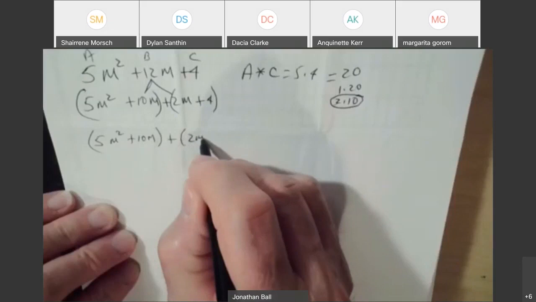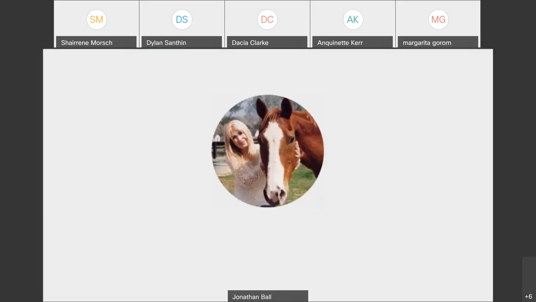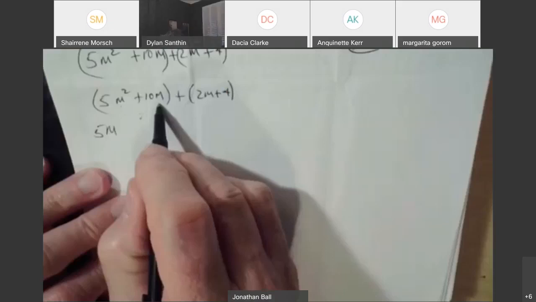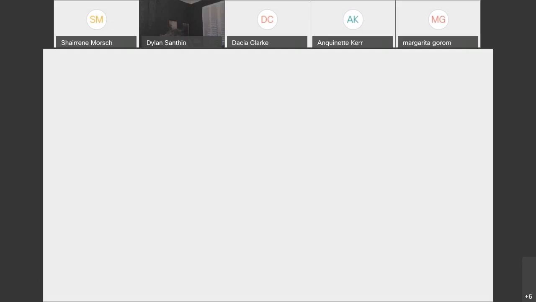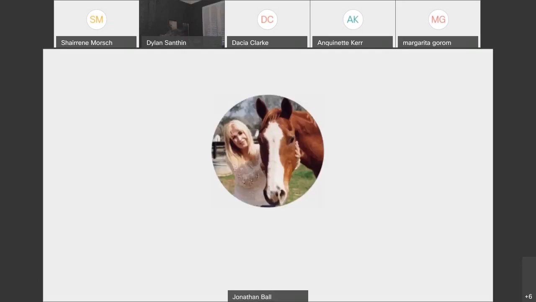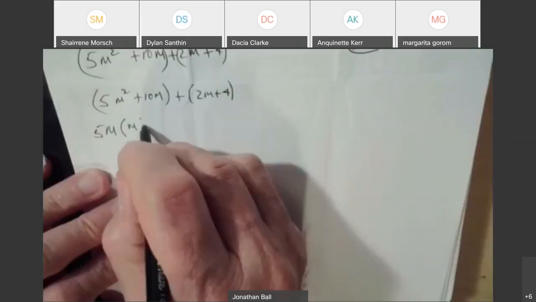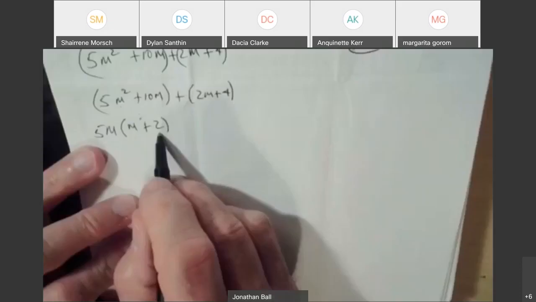Now, what can we factor out of this first factor here? There's an m that's common to both of them, and they're both factors of 20. 5m times m plus 2. 5m times m, 5m squared. 5m times 2, 10m, that's right.